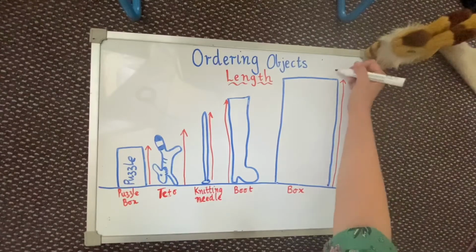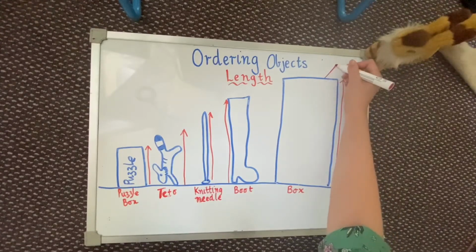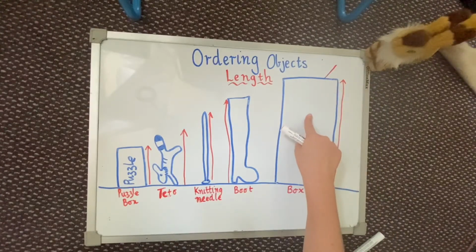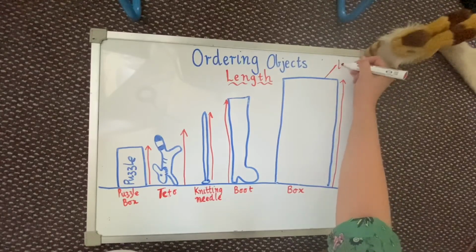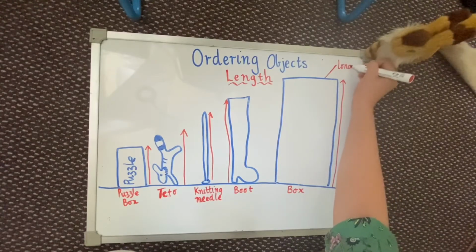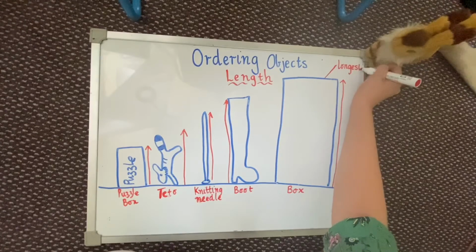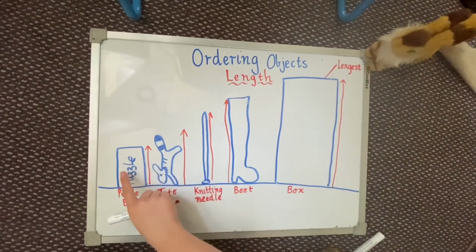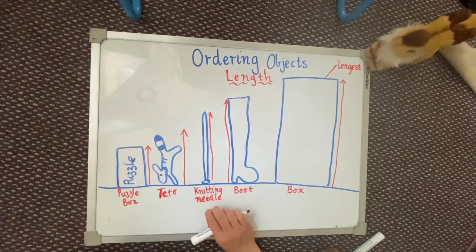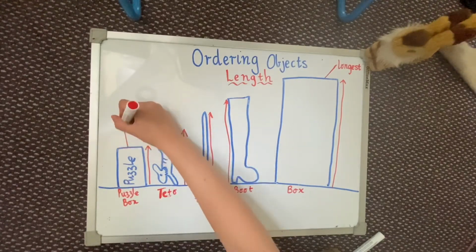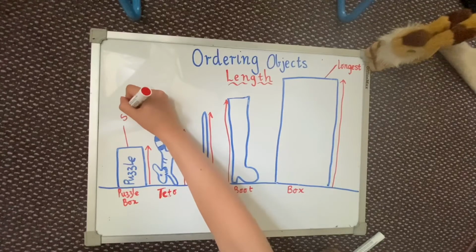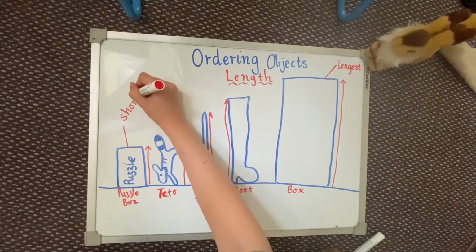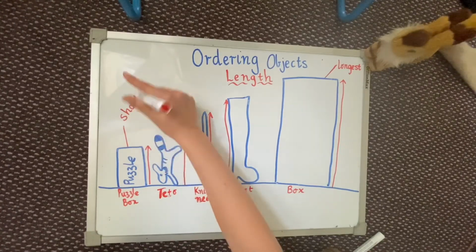I'm also going to label my longest object. That's this one on the right hand side. Longest. And my shortest one, which is the puzzle box, the one on the left hand side. Shortest.